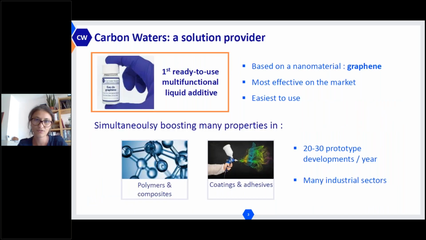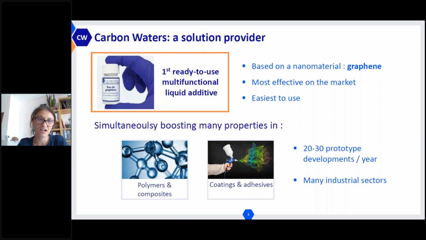Carbon Waters designs, develops, and produces ready-to-use multifunctional liquid additives based on graphene. Graphene is a nanomaterial, very efficient, even at very low concentration. What Carbon Waters does is to make it easy to use by any industrial, any of our clients.